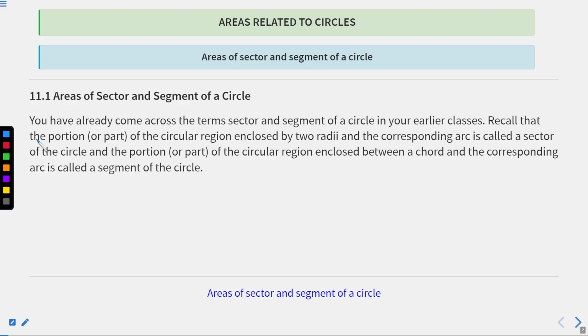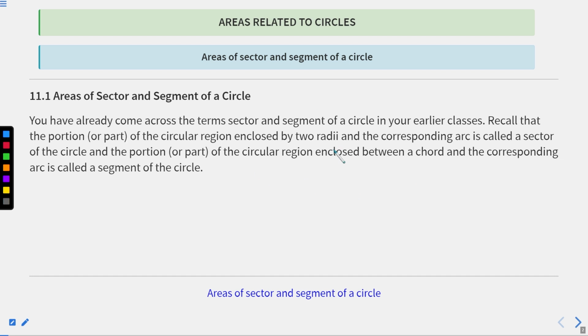So what do you mean by sector of a circle? Do you know, students, and what do you mean by segment of a circle? You have studied in class 9 about the sector and segment of a circle.